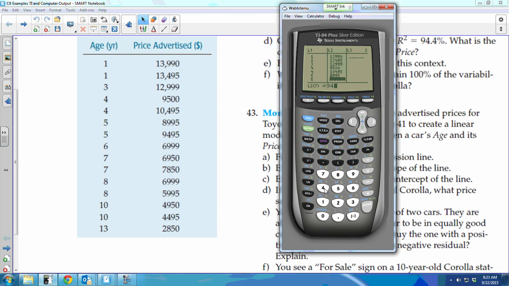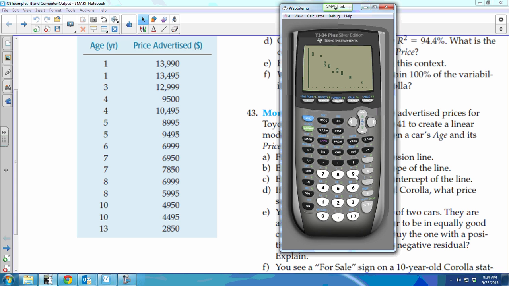Once you put it in your calculator, go ahead and make a scatter plot. Age is your explanatory variable. And hopefully your scatter plot looks something like that.